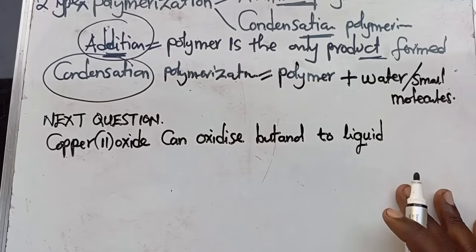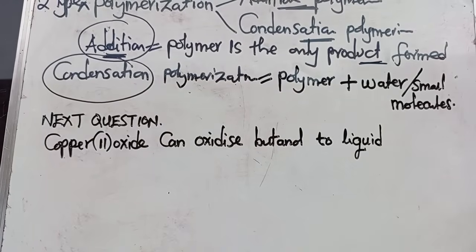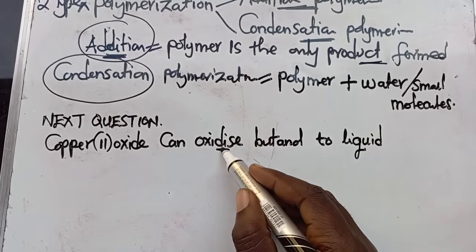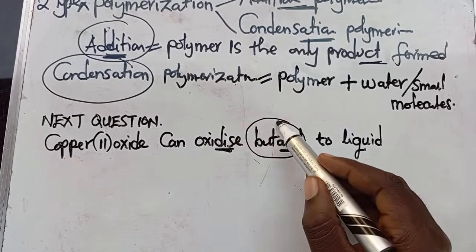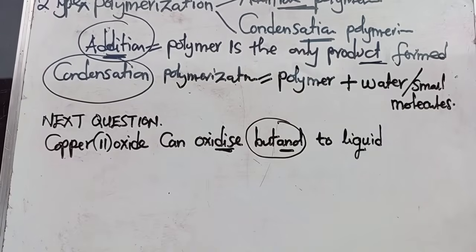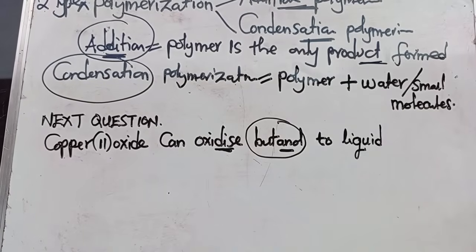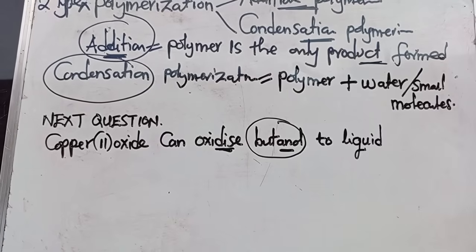So what they are telling you here, before I even give you a question, if they are saying it can oxidize butanol, it means it can make butanol undergo a process we call oxidation. Oxidation of butanol gives us a carboxylic acid.